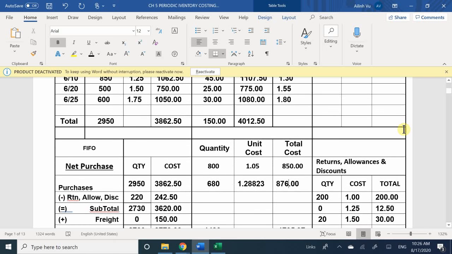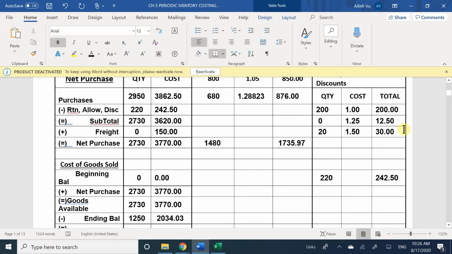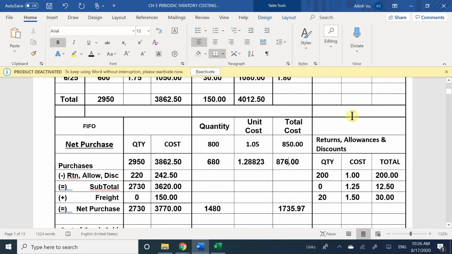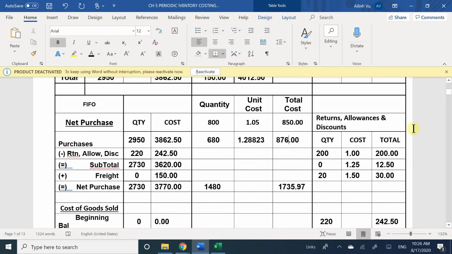So this is now me making my adjustment here in my workspace to calculate my total cost of goods sold. In this case, it's 1480, but I believe because I forgot to include this discount right here, this number should change by very small. What is 850 plus 876? 1726. 1726, even?